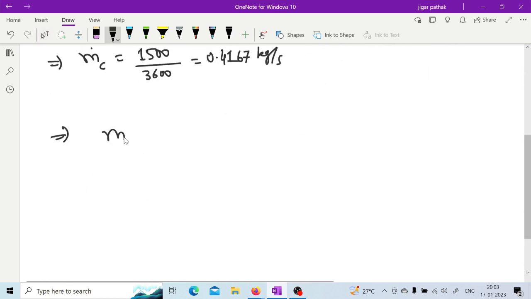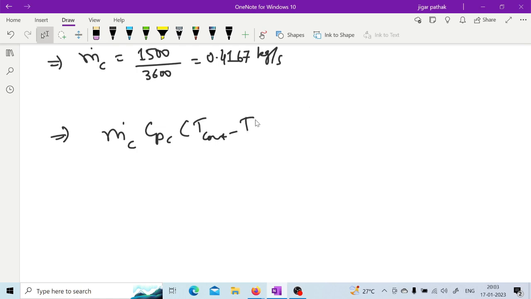So we know that heat transfer is MC CPC (TC out minus TC in). Right, this is heat transfer in cold fluid, which is equated to the heat transferred in this heat exchanger, right? This UA delta Tm.